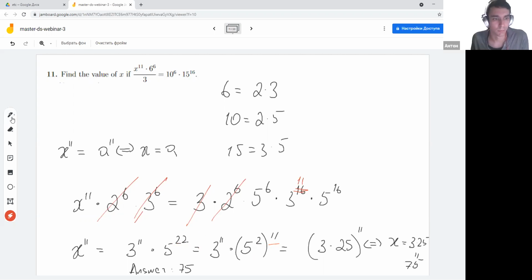Here I used the property of the powers which is, let's say, y to the power of k to the power of s is just y to the power of k times s. There are many other properties of powers which you may want to know before you have your exam. Fine. There's still no questions.